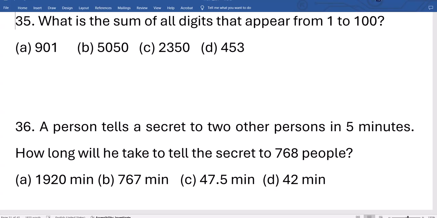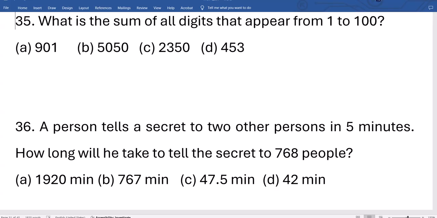Sum of all numbers from 1 to 100 is different; all digits appearing from 1 to 100 is different. Sum of all numbers means n into n plus 1 divided by 2, so 100 into 101 divided by 2, which is 5050. Option B is there. Fine.